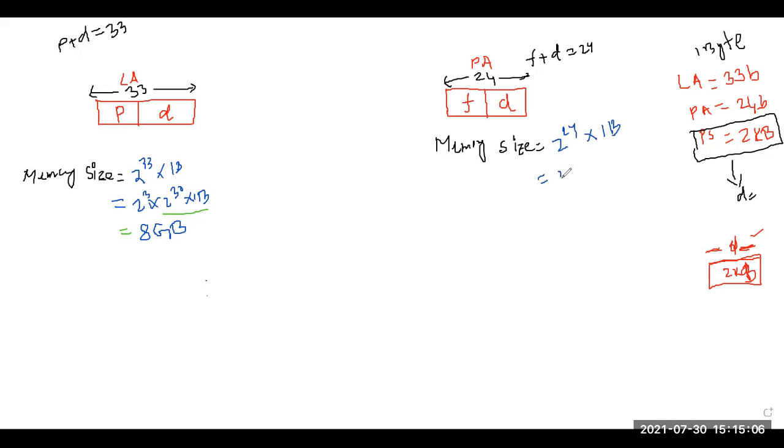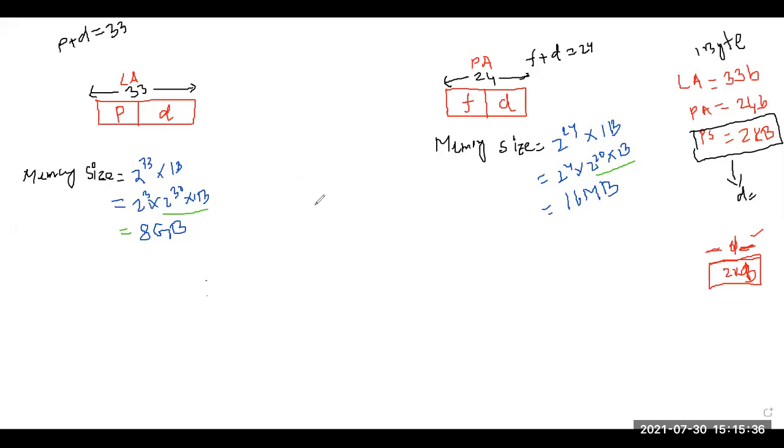I can write this as 2 to the power of 4 into 2 to the power of 20 into 1 byte. This is 16, and as we know, 2 to the power of 20 is MB, so it will be 16 MB. So my maximum main memory size can be 16 MB, and the secondary memory size can be 8 GB.